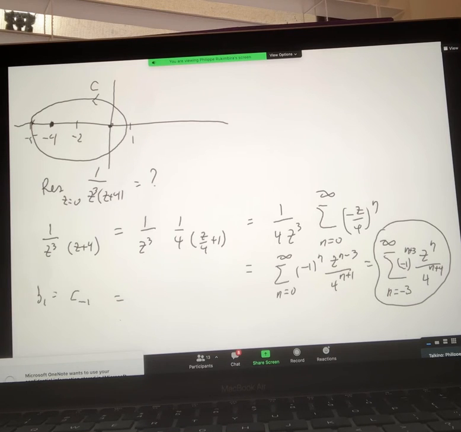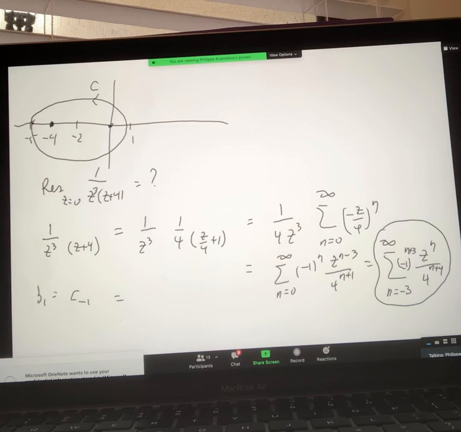z to the negative 1, which will go with negative 1 to the negative 1 plus 3, that will be negative 1 squared.